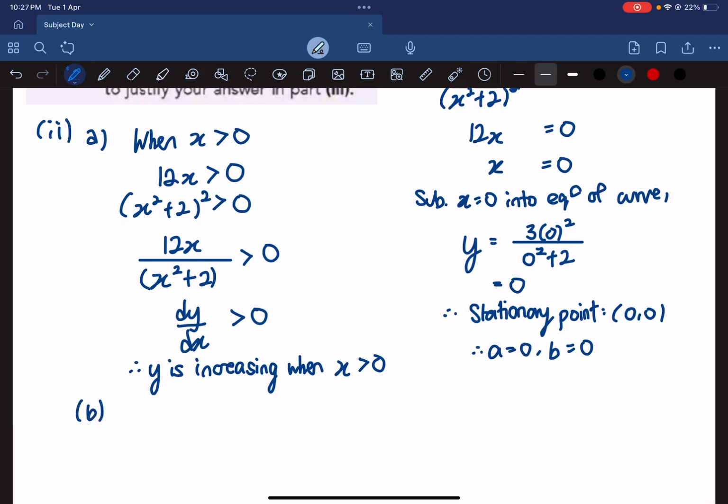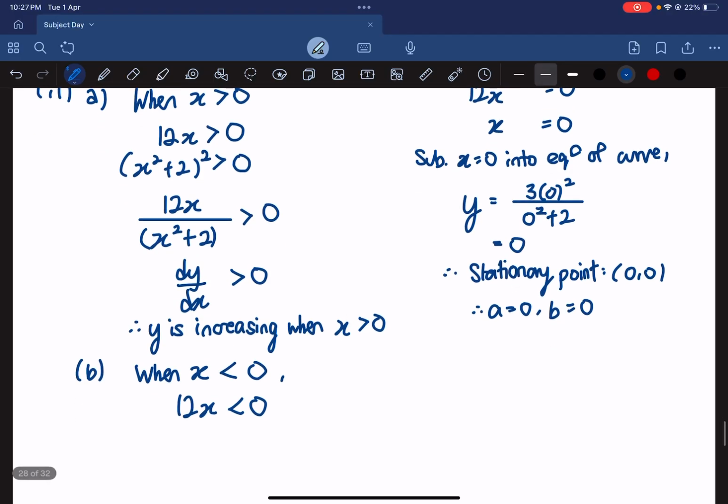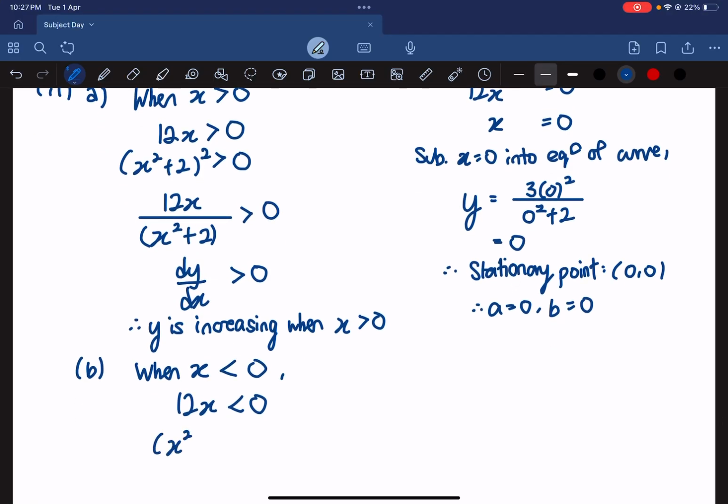For part B, similar concept. When x is strictly less than 0, I know that 12x is also strictly less than 0. Since I know that the denominator here, x squared plus 2, the whole thing squared, cannot be 0, this is strictly greater than 0, because any number squared is always greater than or equal to 0.